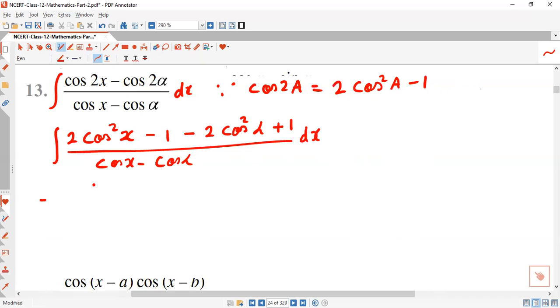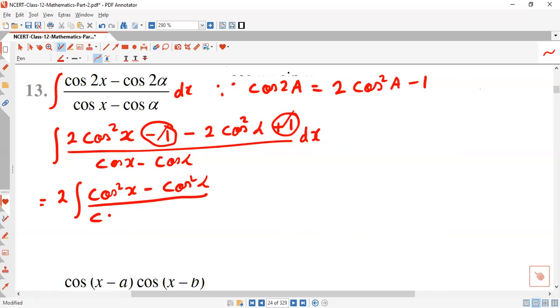This minus 1 and this plus 1 will be cancelled out. So now I'm taking the 2 common outside. We are getting cos square x minus cos square alpha divided by cos x minus cos alpha dx.